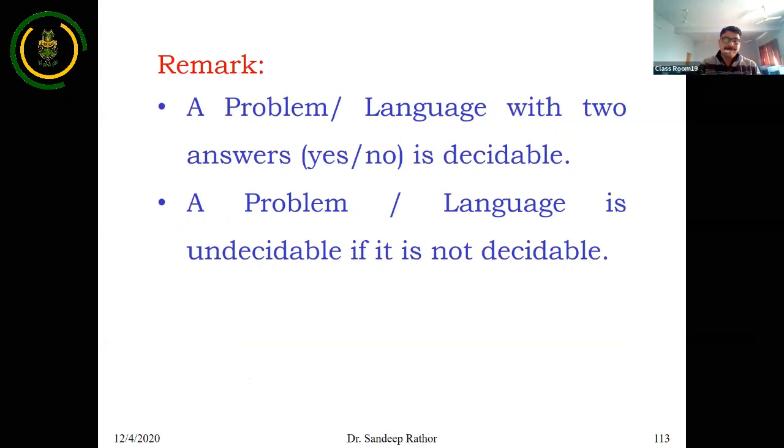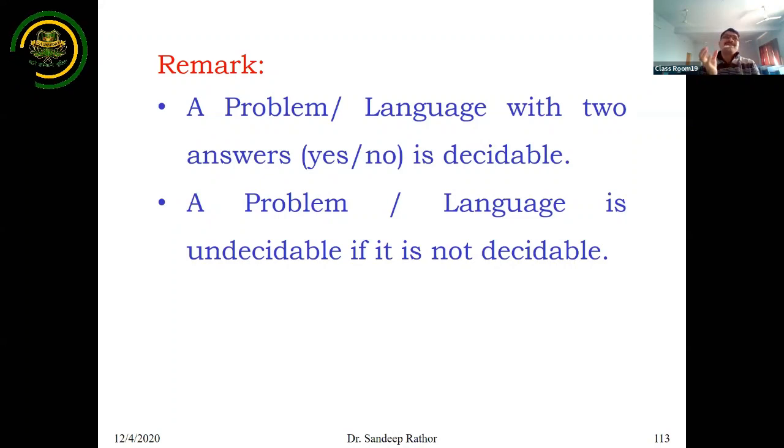That means if we have the answer of any problem in the form of yes or no, then that type of problem is called decidable or solvable. If a problem or language is undecidable, that means it is not decidable. That means we don't have the solution of that problem in the form of yes or no.